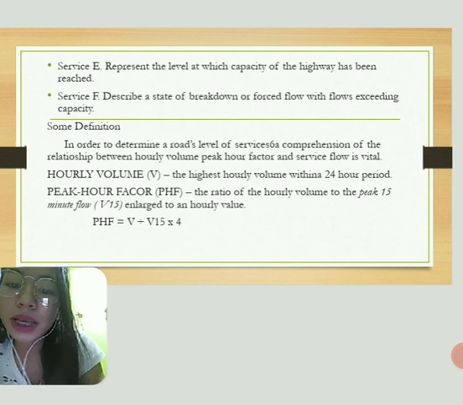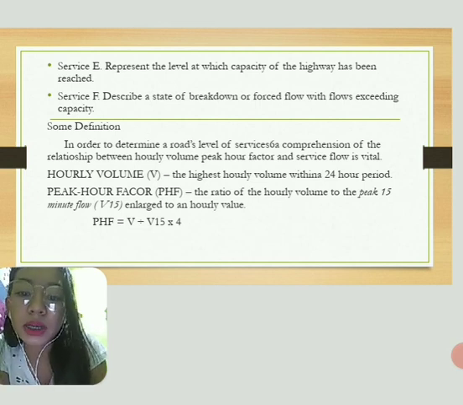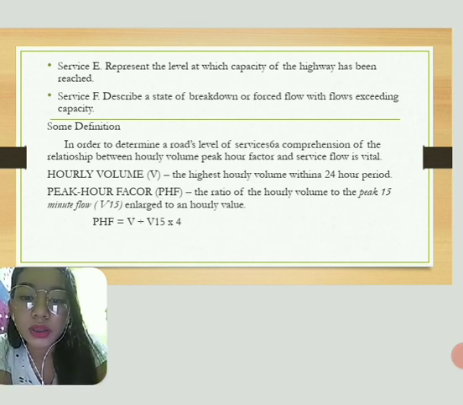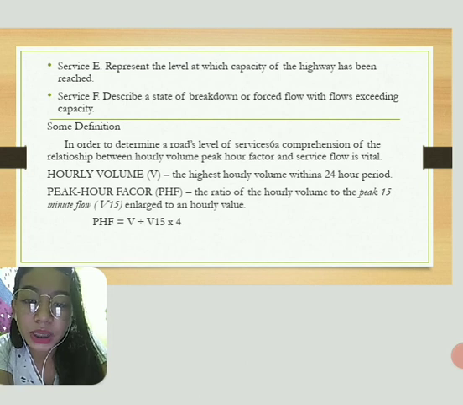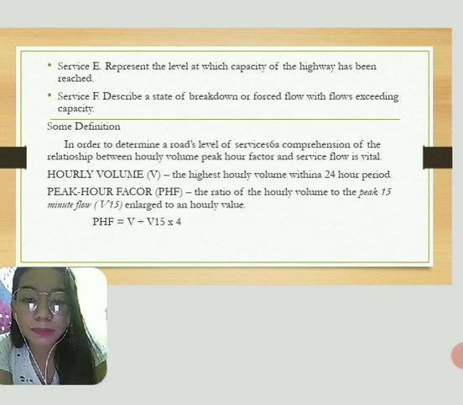So the formula is PHF equals V, the hourly volume, divided by V15, the 15-minute flow, times 4, which is the constant.